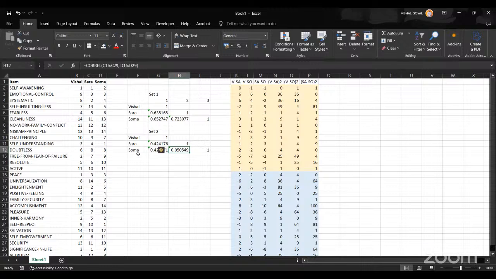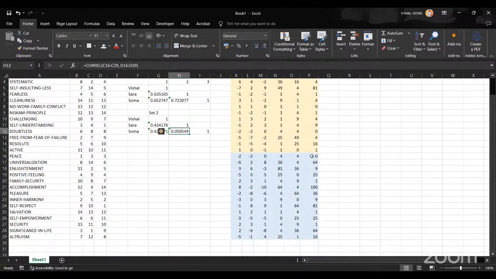This is the weakest one. SA minus SO for set 2. You have written 0.05. That is the correlation. So you will get only 1 zero.